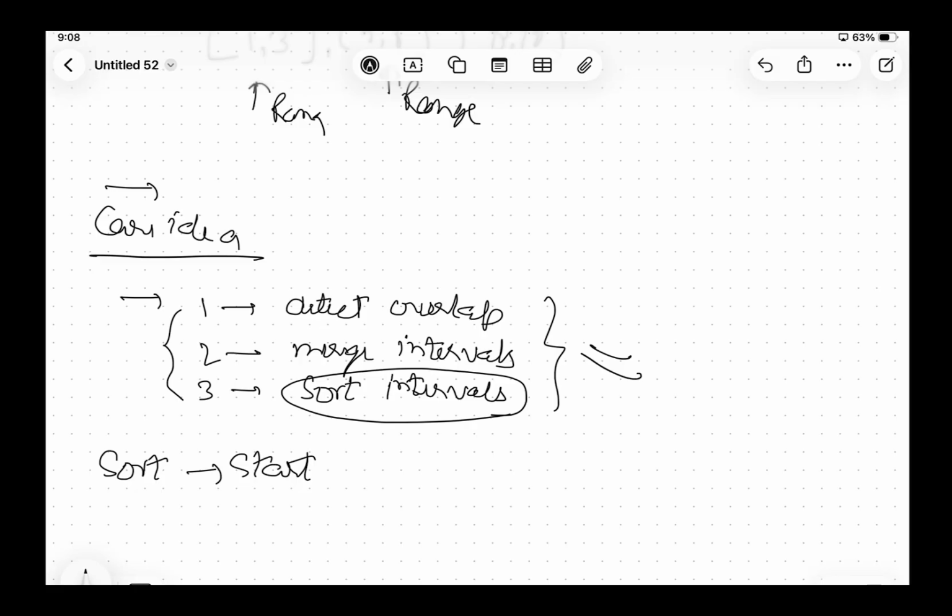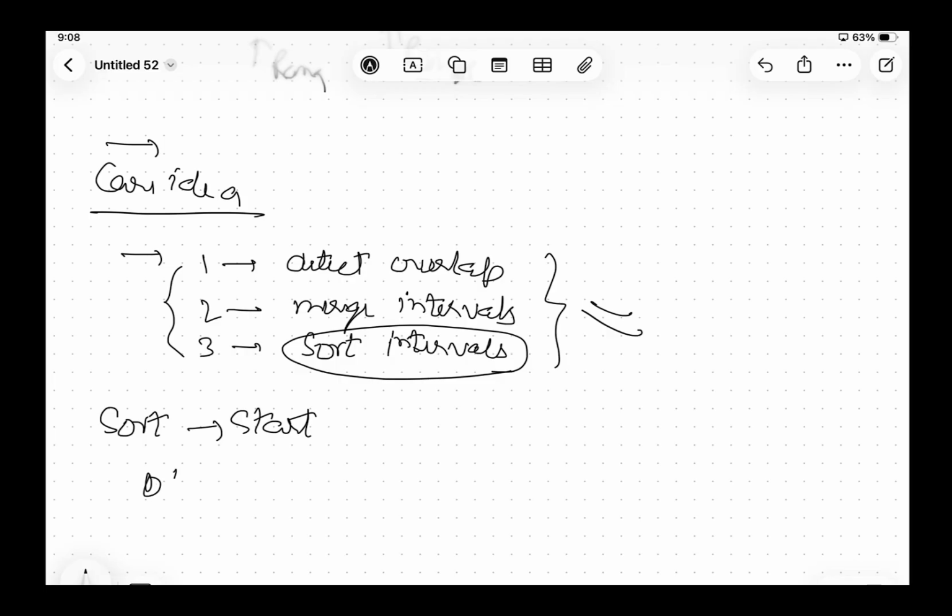This reduces the complexity drastically from order of n square to order of n log n. We'll see the implementation anyway. This is one important step that simplifies almost every interval problem.